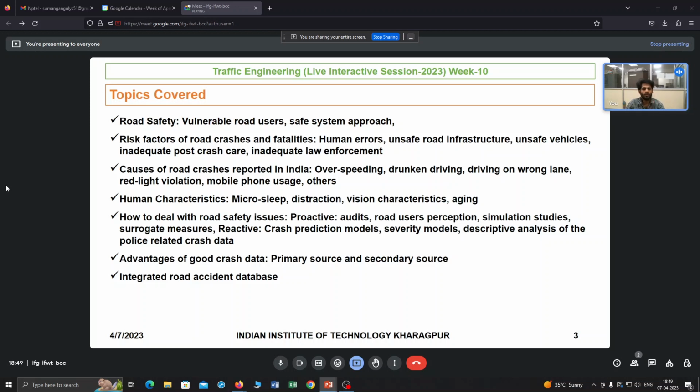Suppose some drivers are aggressive, meaning they are overspeeding. Some are under the influence of alcohol, so they are consuming alcohol and driving their vehicles. Some of them are not using seat belts. Even if your accident is minor, because you do not have your seat belt in place at the time of the accident, your accident severity increases.